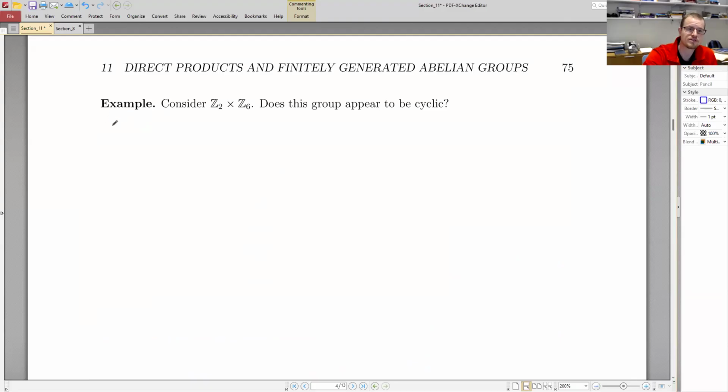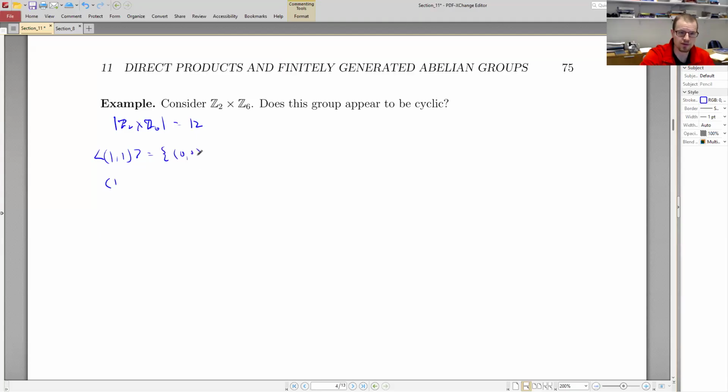This also has order 12, so the cardinality of Z2 cross Z6 is 12. The order of that group then is 12, the number of elements in it. So I want to see if 1, 1 generates the whole group. All right, so what does this generate? Well, of course, 1, 1 is in there, and I can actually take 0 times that.